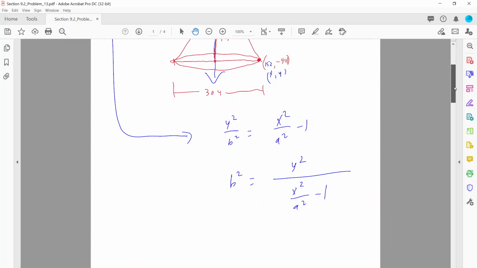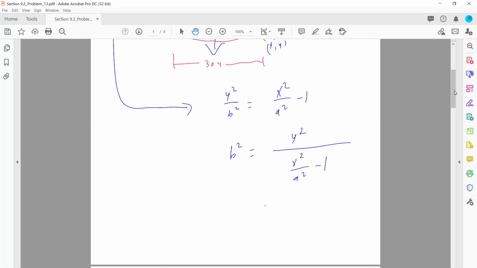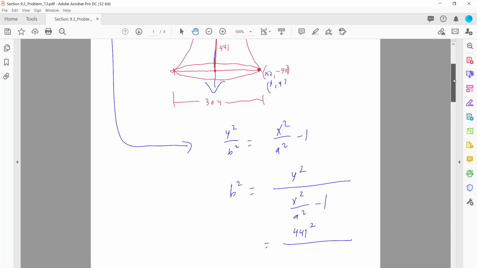In this case, y is 441 squared, and x is 152 squared, a squared is 93 squared, minus 1. We don't care about the negative on y because it is squared.